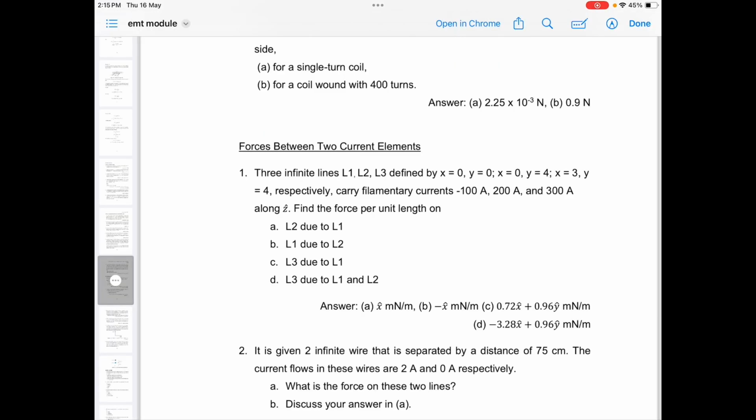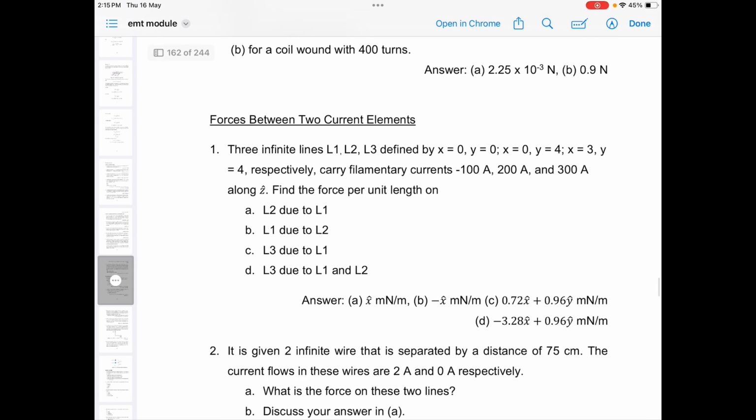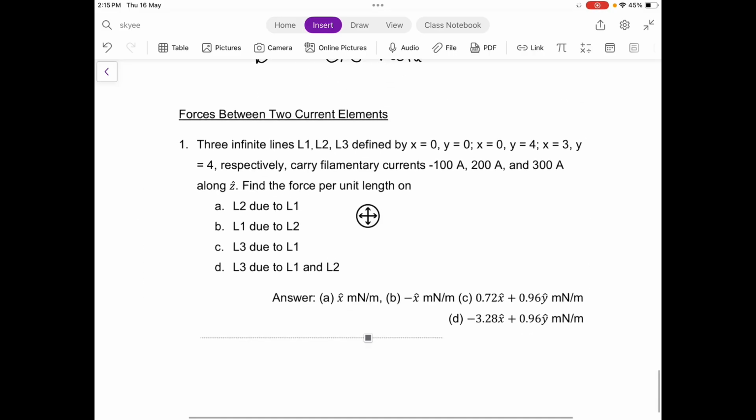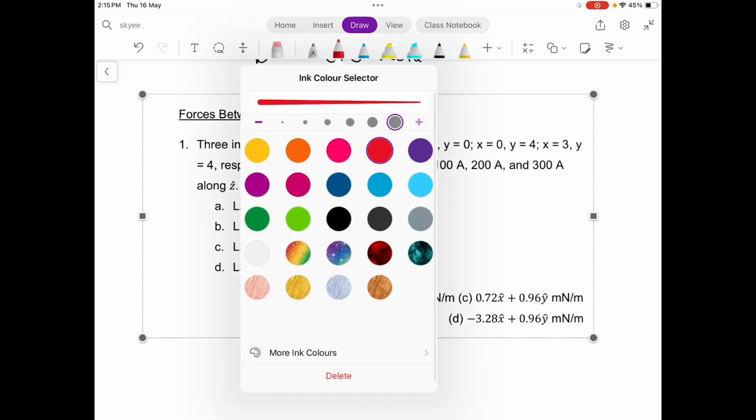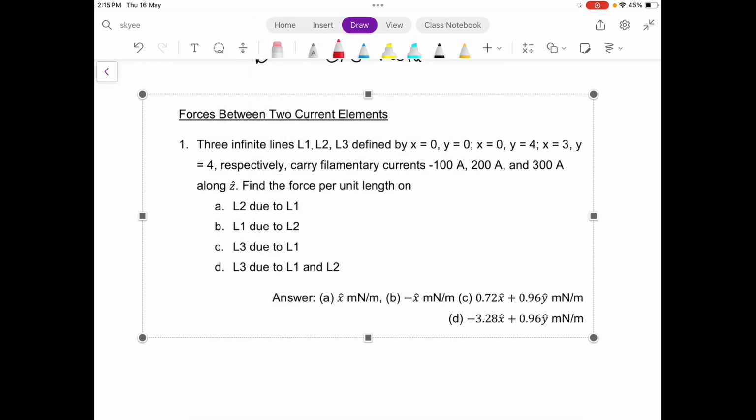Alright, we look at the exercise for forces between two current elements. So you have three infinite lines, L1, L2 and L3.